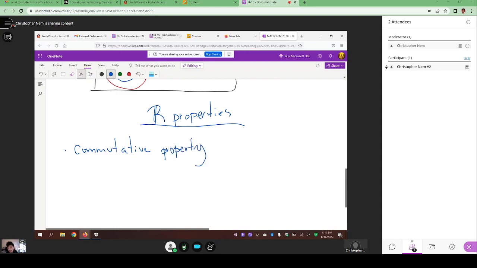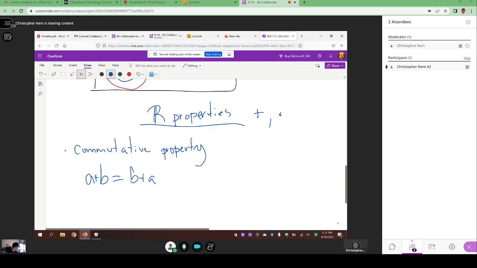The commutative property. With the properties, we're going to be talking about addition and multiplication. The commutative property states that A plus B is equal to B plus A. So if we're using addition, if I add two real numbers together, I can switch the order. It does not matter.